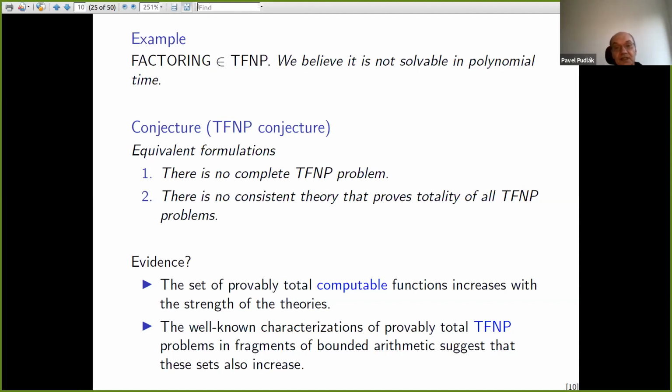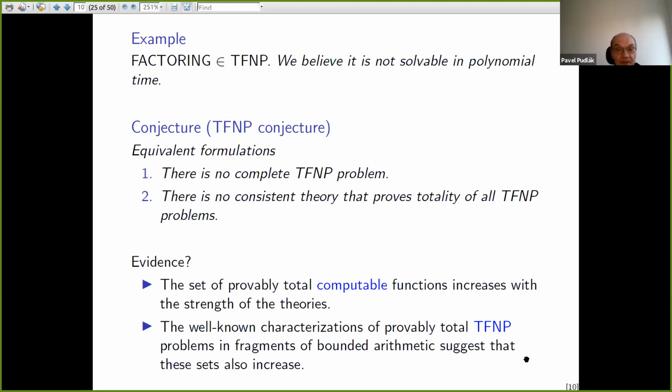If you have increasing theories with increasing strength, then you can show that also the class of provably total computable functions increases with the strength of the theories. It does not have to always increase, but at least in the examples that I showed at the beginning, this is the case. So the only difference here is that in total function NP, everything is polynomial, while here it is computable. So this formal similarity is one reason to believe that it may be true.